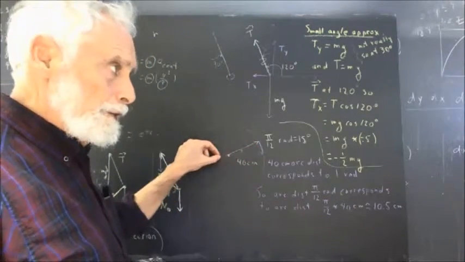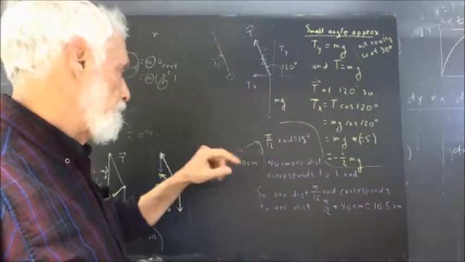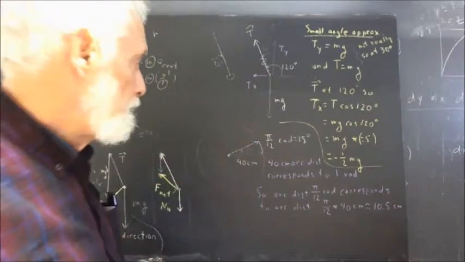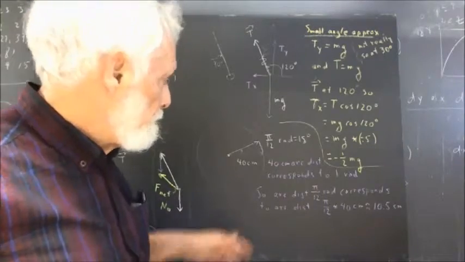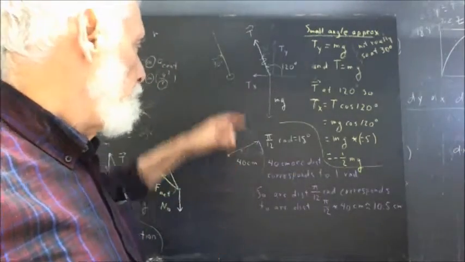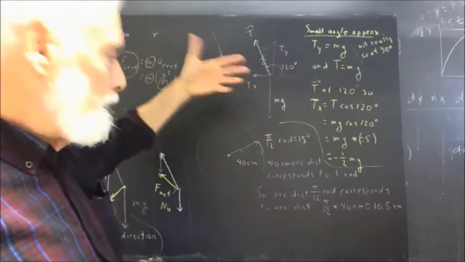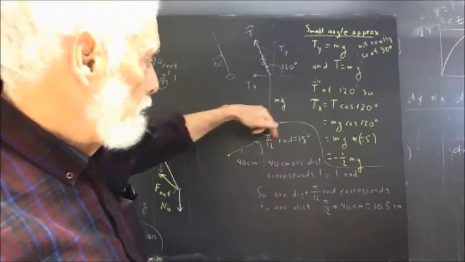I've made it a little too fat. This is more like 20 degrees than 15, and maybe even more like 25, close to 30 degrees. It's not 30. Okay, so picture aside, this is an indication of what we might mean by pi over 12 radians.